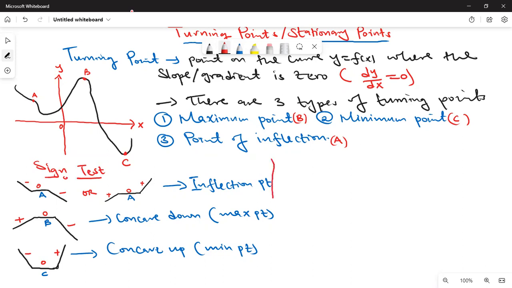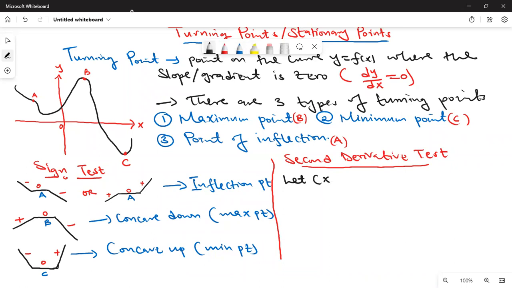This other side, I want us to look at the second derivative test. Second derivative test for a turning point. So we are going to say that let x naught, y naught be a turning point.